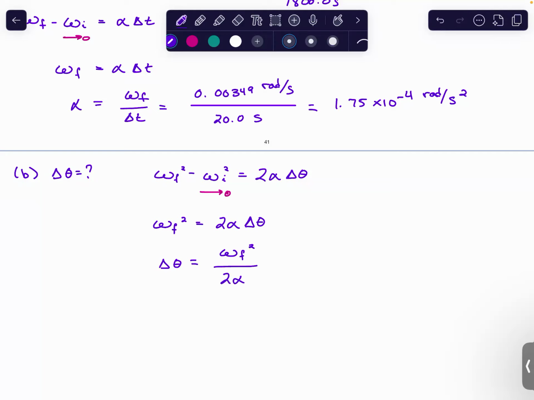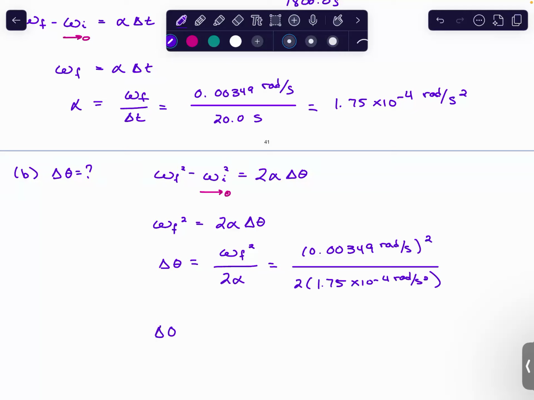There we go. So now we have, delta theta is going to come out to be.